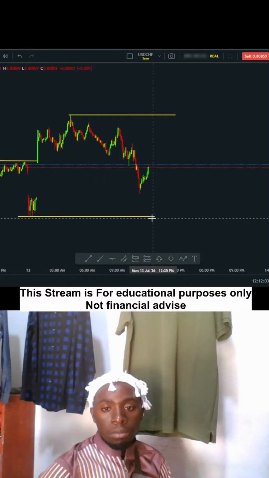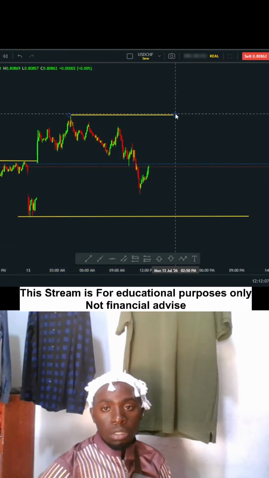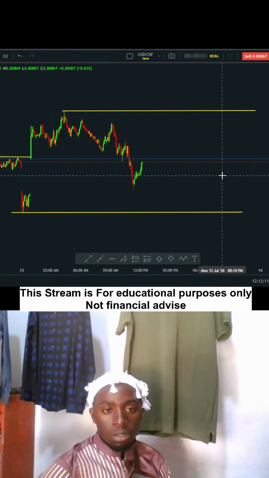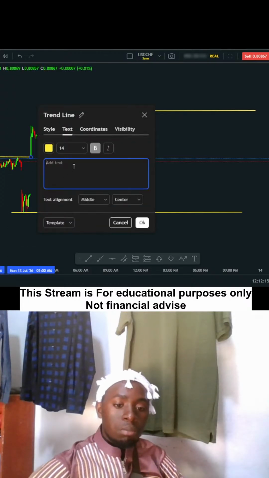So I'll be waiting for the market to create that break below before I look for the buys. This is a break of structure.